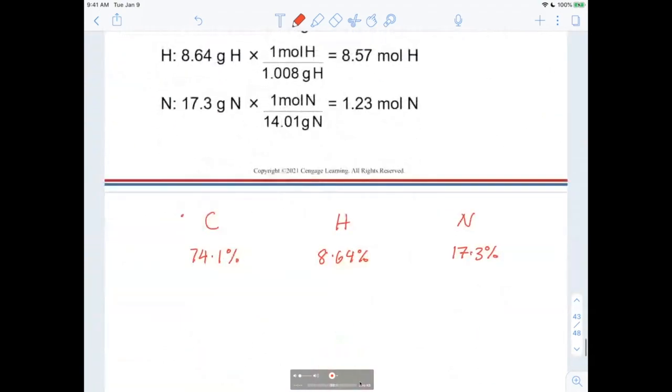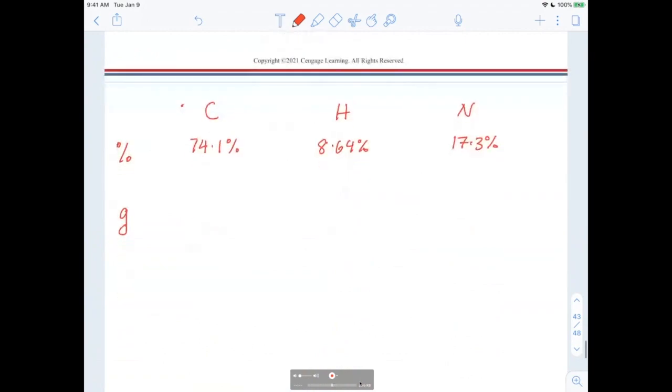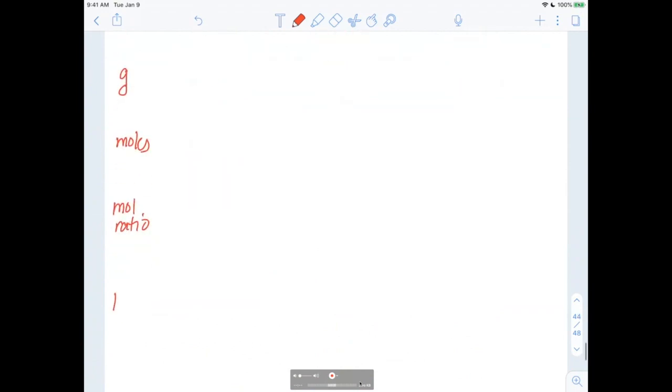Just like before, you have your percent here. You got your grams. You got your moles. You got your mole ratio. And then you got your formula ratio. And then you got your empirical formula.